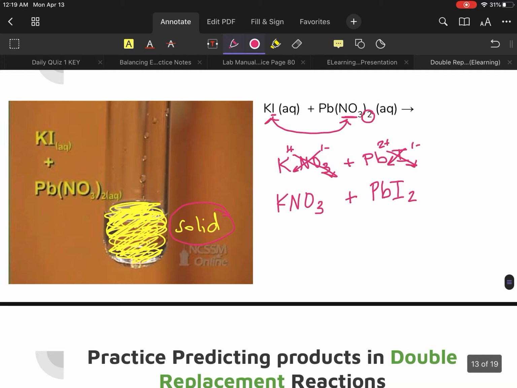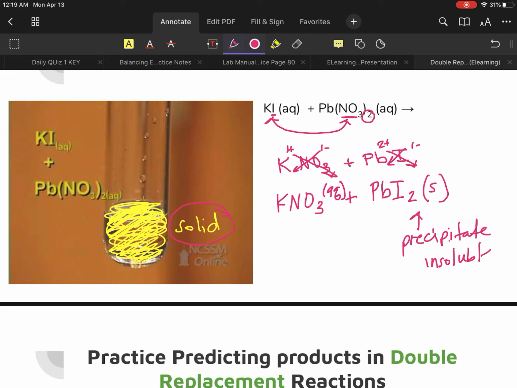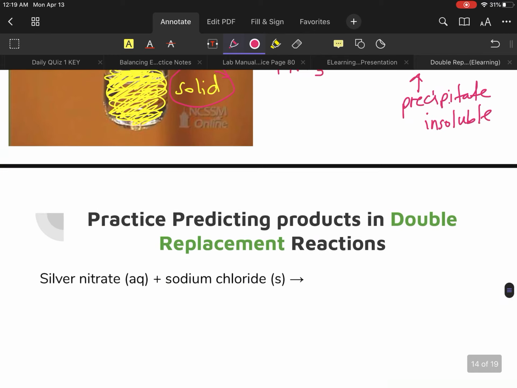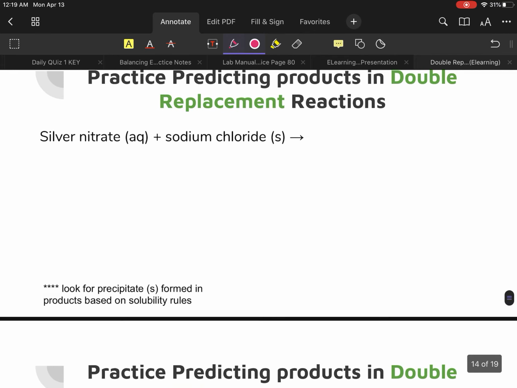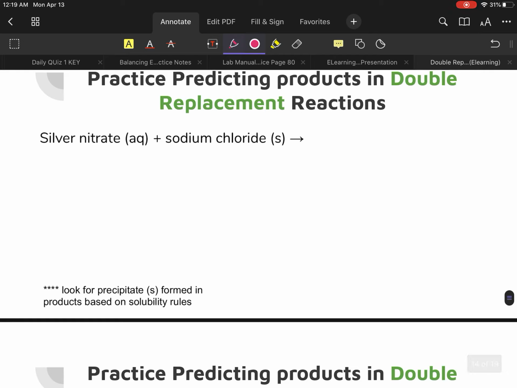If I scroll back down, we said our nitrate was my AQ, and this lead iodide is actually going to be my precipitate. That's my insoluble substance, and since it's insoluble, I designate that with an S next to it. That's the solid.